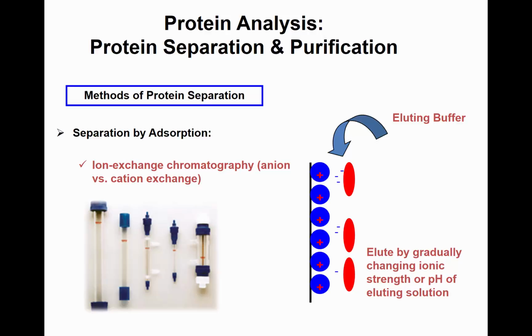So one note here: once your proteins are separated and they're interacting with the column, in order to make sure they elute fast, meaning leave the column fast, you change the ionic strength by adding salt, or you change the pH, depending on the net charge of the protein you are eluting.